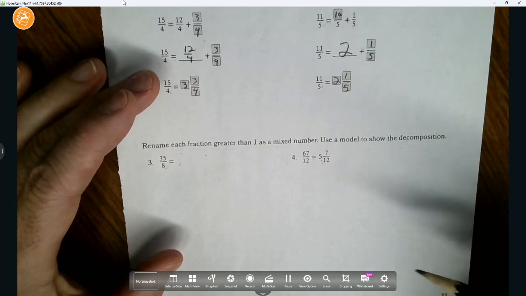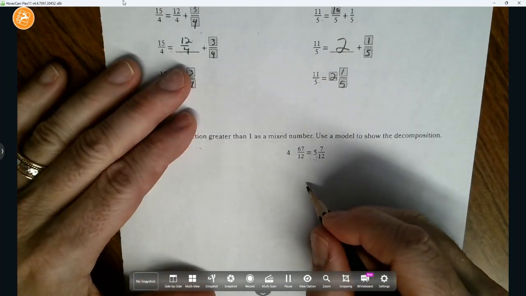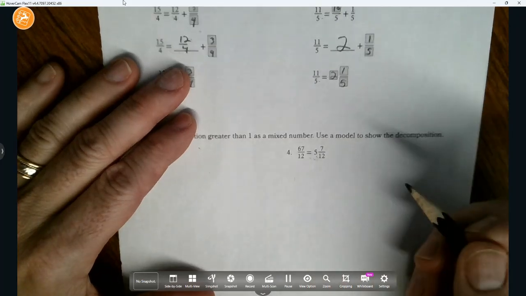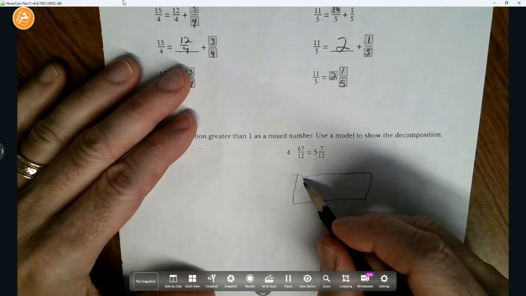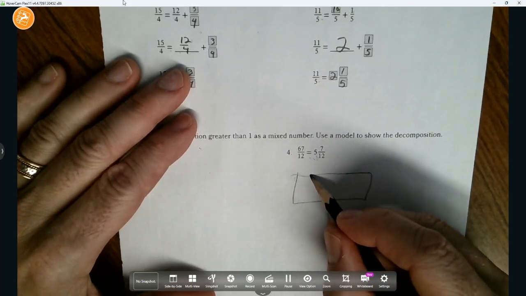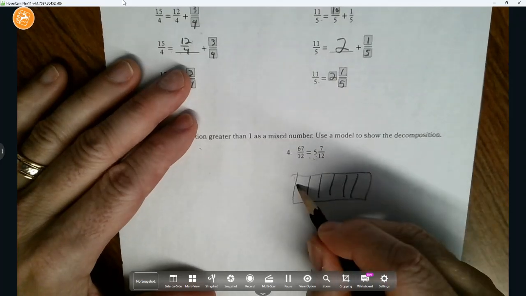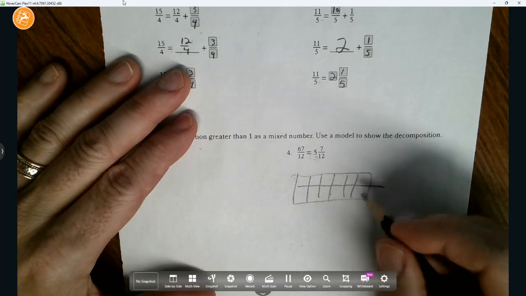So work that out. Here, we'll do this one real quick. So you know what? It's in twelfths. There's not an easy shape to get 12. I'm going to do rectangles because I can do 6. So I got 1, 2, 3, 4, 5, 6. Draw a line, that's twelfths. So I got to have 5 of these, plus I have some extra.